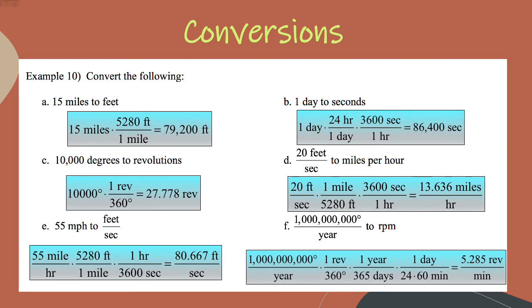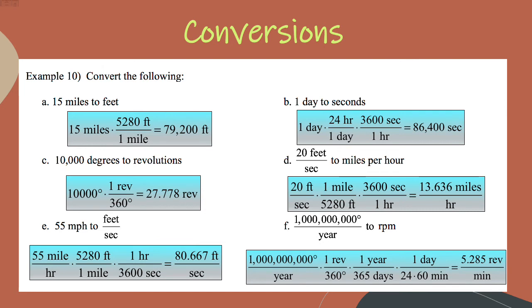Now we work with the time. We know that 1 year is 365 days, and therefore the years will cancel. And we also know that 1 day is 24 times 60 minutes. Now the days cancel. So we are left with 1 billion divided by 360 times 365 times 24 times 60.